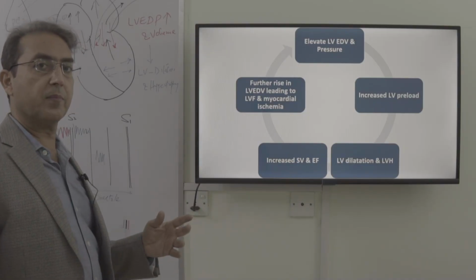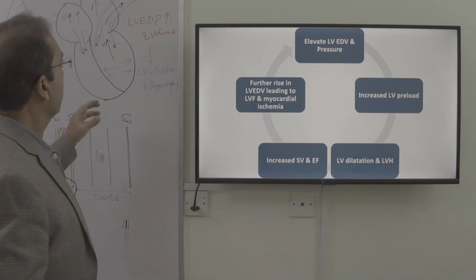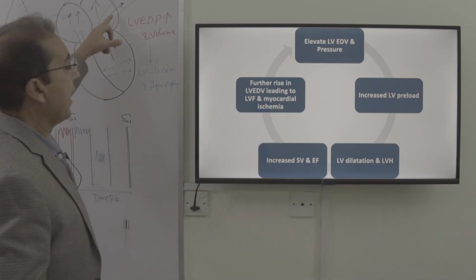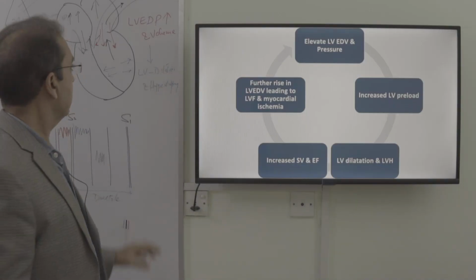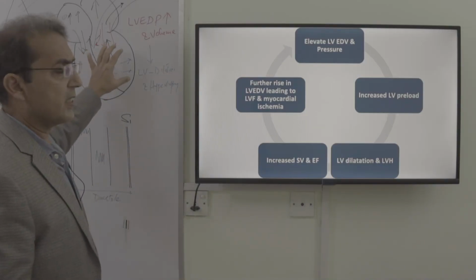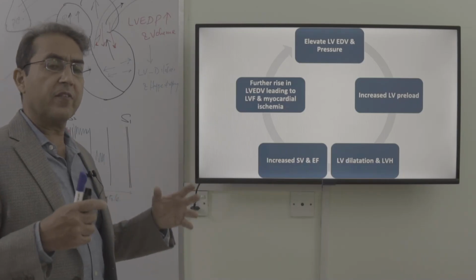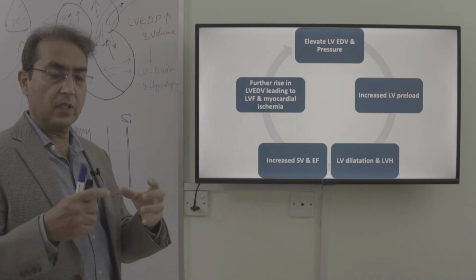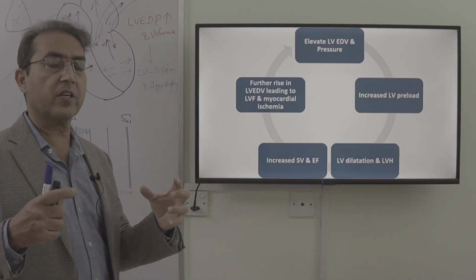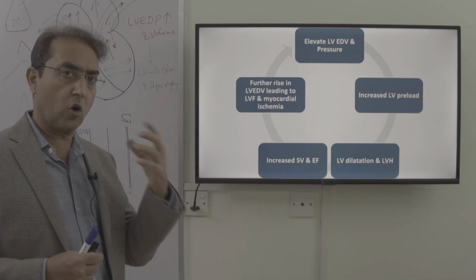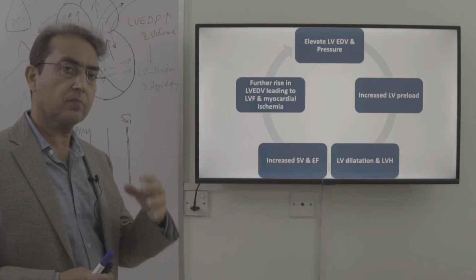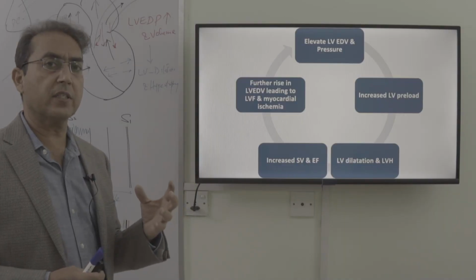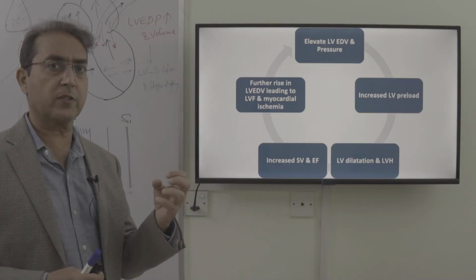Now, during diastole, the left ventricle is receiving blood both from the left atrium and from the aorta. So that means during diastole, the volume in the left ventricle is high. When there is a high volume, the diameter of the left ventricle starts increasing. And according to the Frank-Starling law, when there is an increase in the diameter of the heart, it contracts more forcefully.